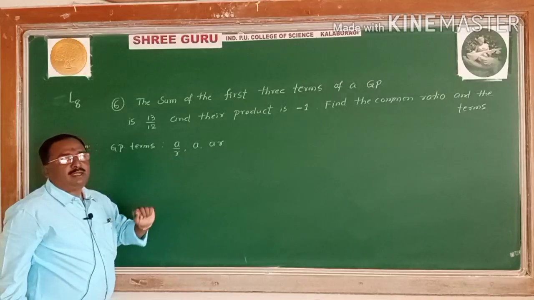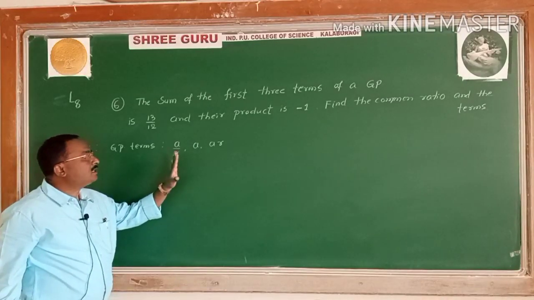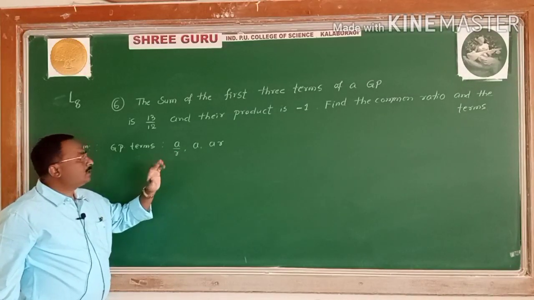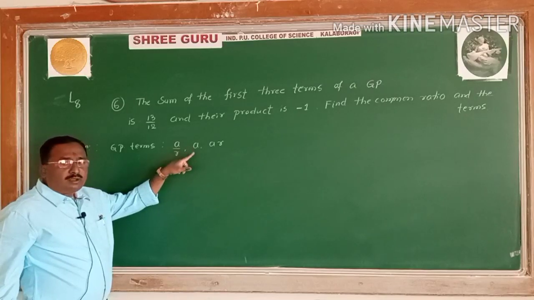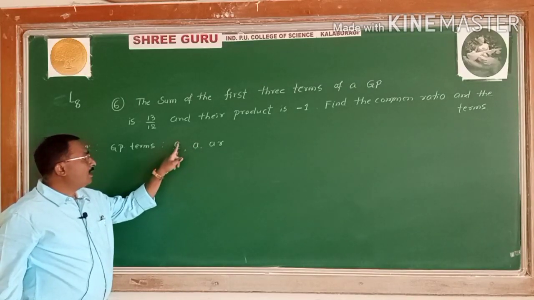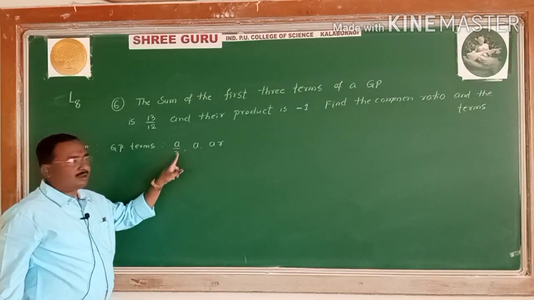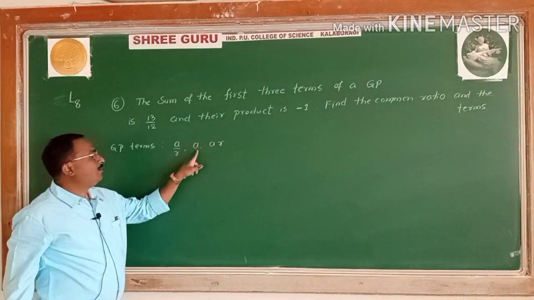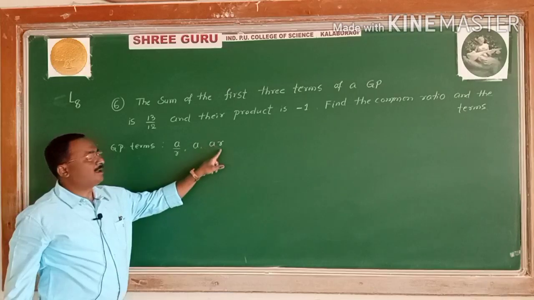If you keep in mind first three GP terms, the common ratio should be the same. A divided by A by R, common ratio is R. A by R divided by A gets cancelled, common ratio is R.